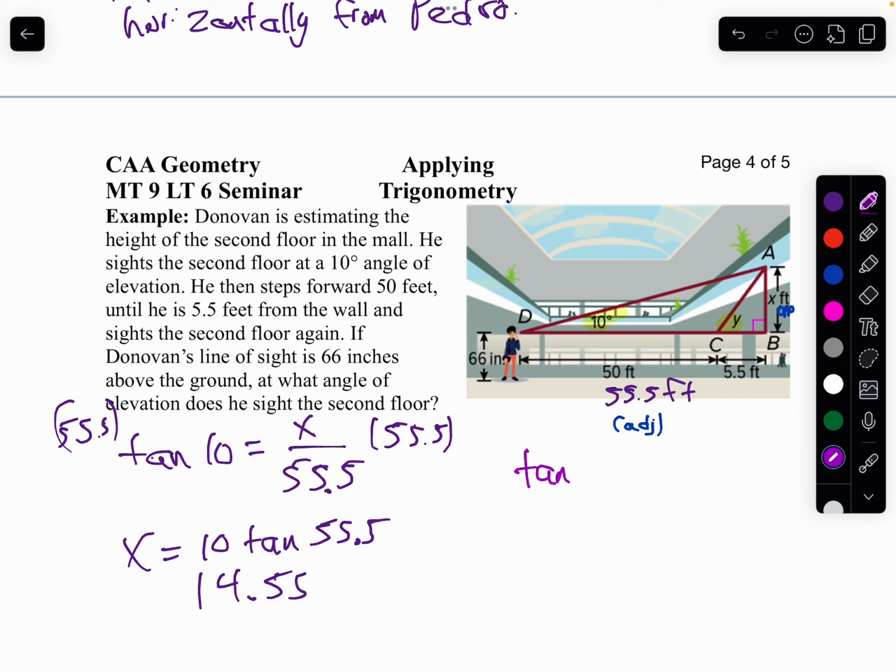So I'm going to say the tangent of y equals my opposite, x, which is 14.55, divided by 5.5. So in other words, the measure of angle y is going to be the inverse tangent of 14.55 divided by 5.5.